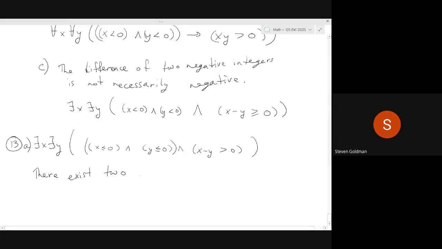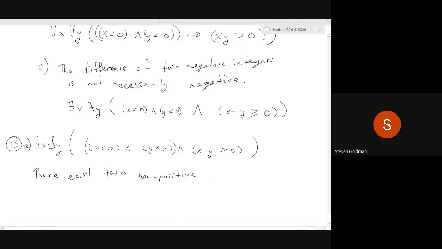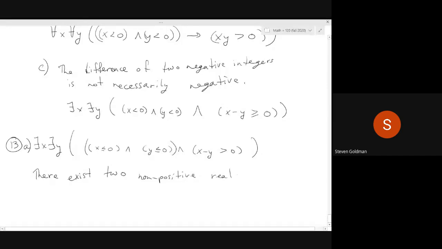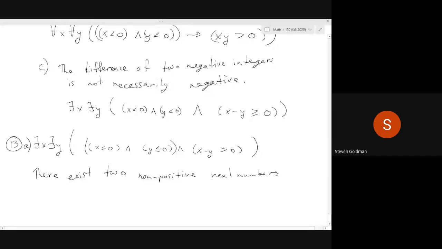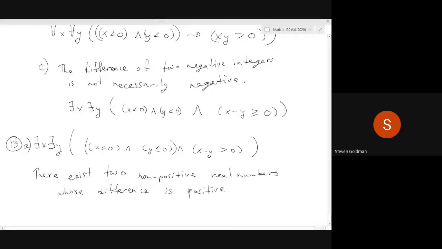So there exist two non-positive real numbers whose difference, right, x minus y, that's their difference, whose difference is positive. Right? Greater than 0 means positive.